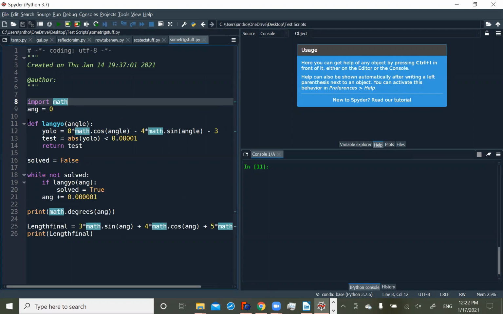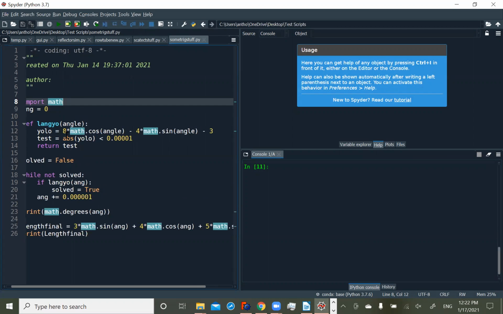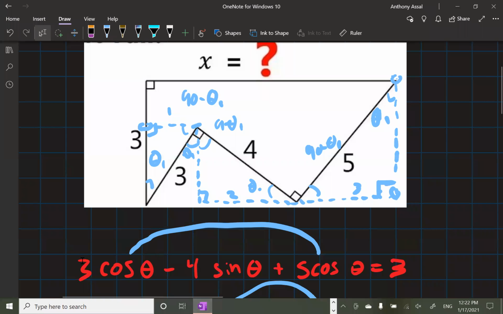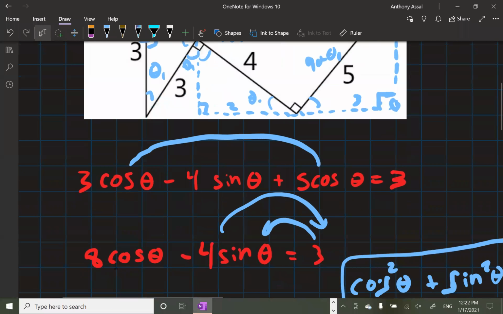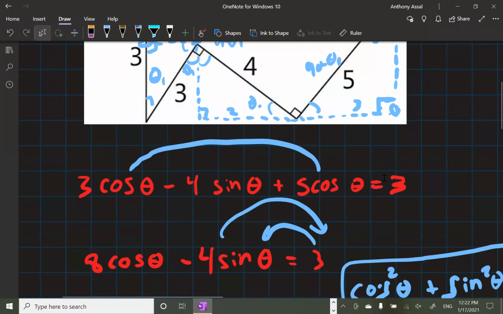I'll set my angle to 0. I'll have this function where this YOLO variable is basically our very first equation: 8 cosine angle minus 4 sine angle minus 3 equals 0, if we brought only the 3 over.